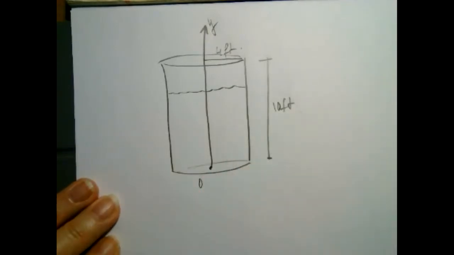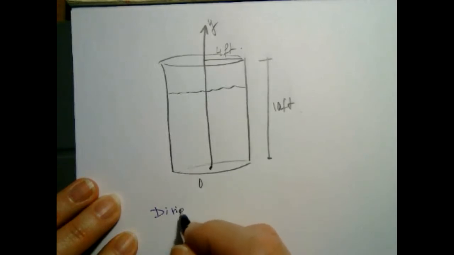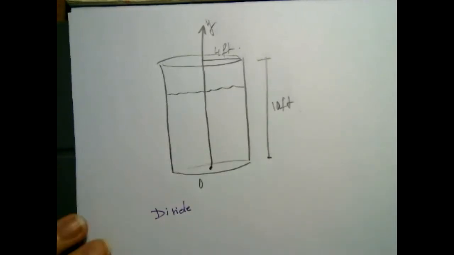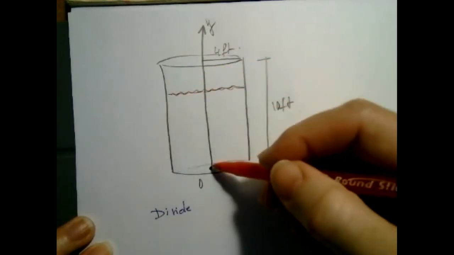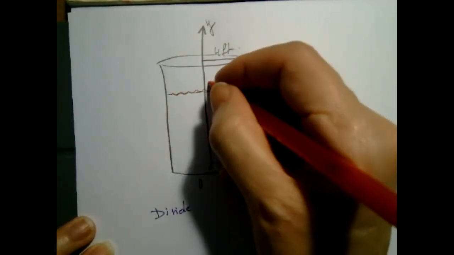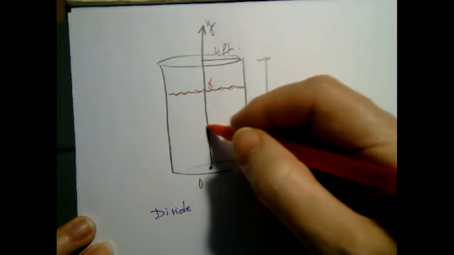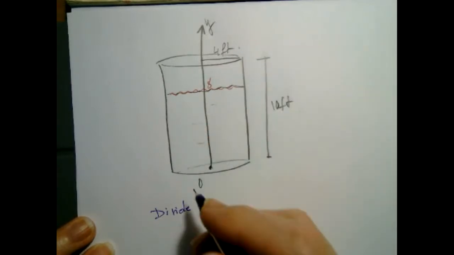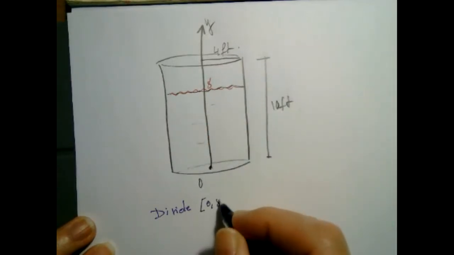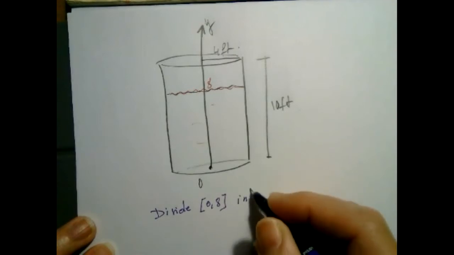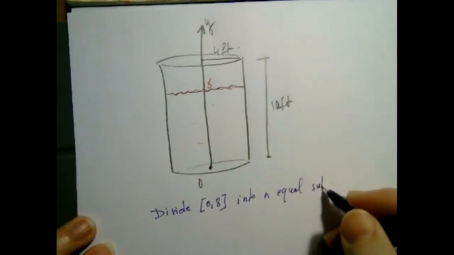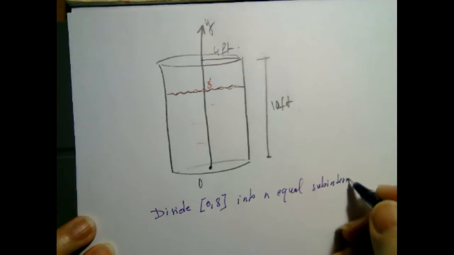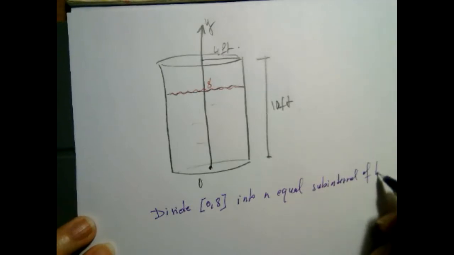And then I'm going to divide. The way we do those problems, we're going to divide the interval. And there is water up to 8. So after that, there is no water. So I'm interested in dividing the interval from 0 to 8, not to 10, because there is water up to 8. So we're going to divide the interval 0, 8 into n equal subintervals of length delta y.